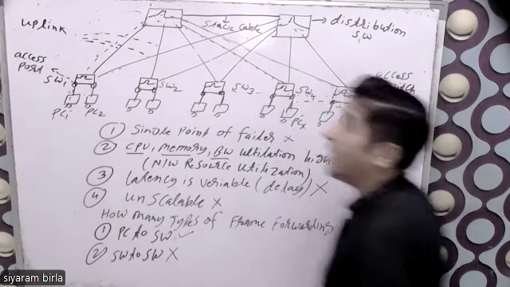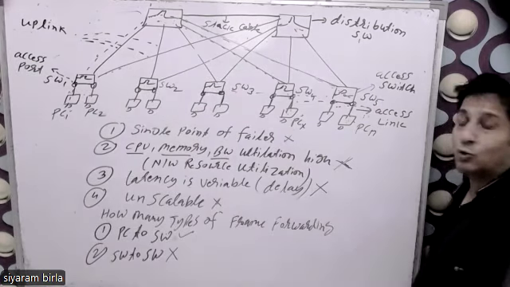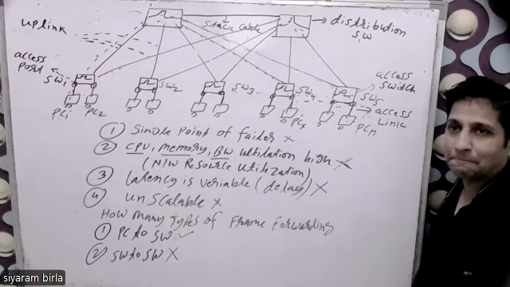The port between the switch and the uplink switch, the distribution switch, is called the uplink port.